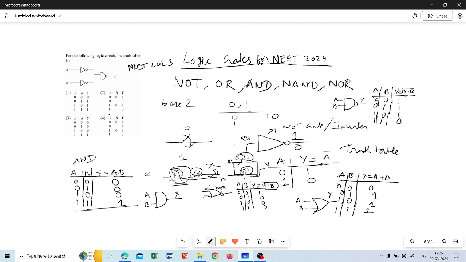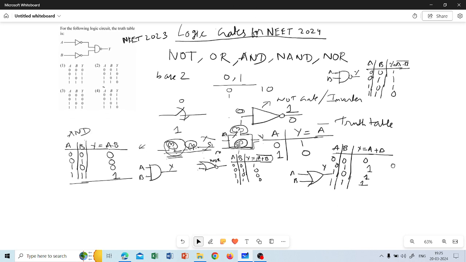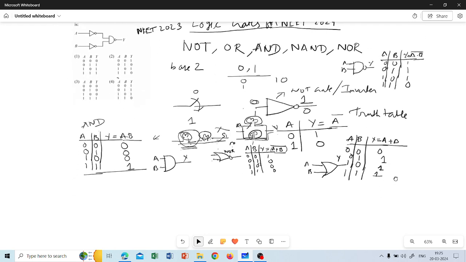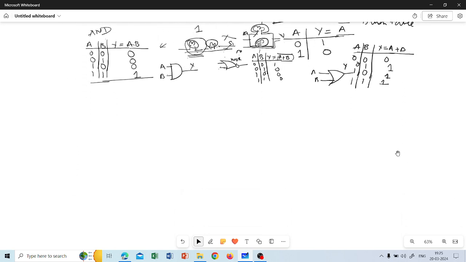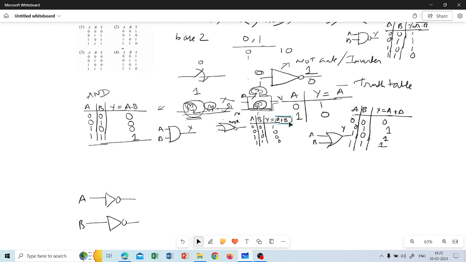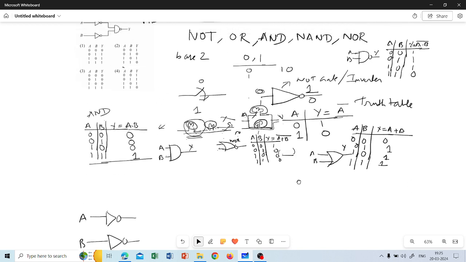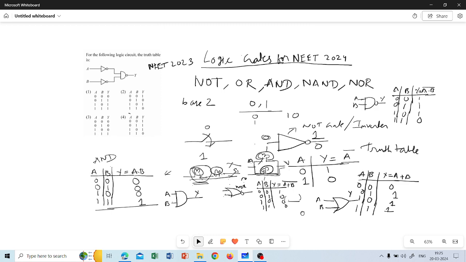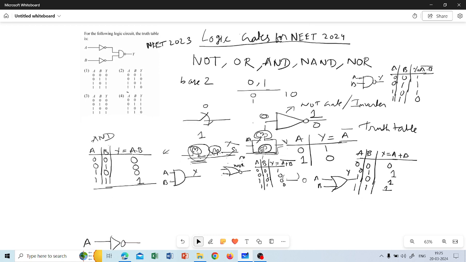I will draw this question again here. Here is a NOT gate, input is A, and again a NOT gate, input is B. Then these are followed by a NAND gate.